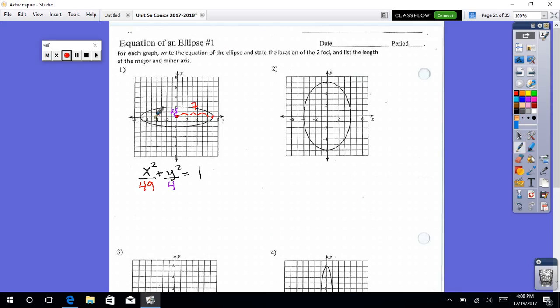With that being said, remember our major axis is the entire distance, so from one side all the way to the other. So 7 plus 7 is 14. And the minor axis, 2 plus 2, which is 4.